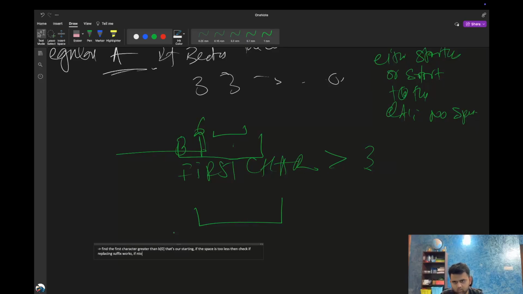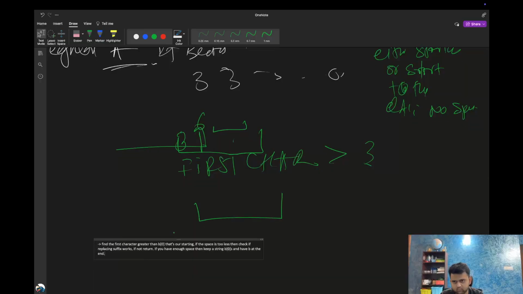If not, return. If you have enough space, then keep a string of B of zeros and have B at the end.